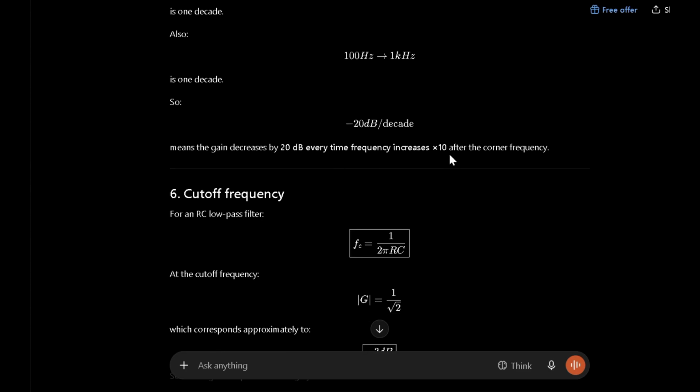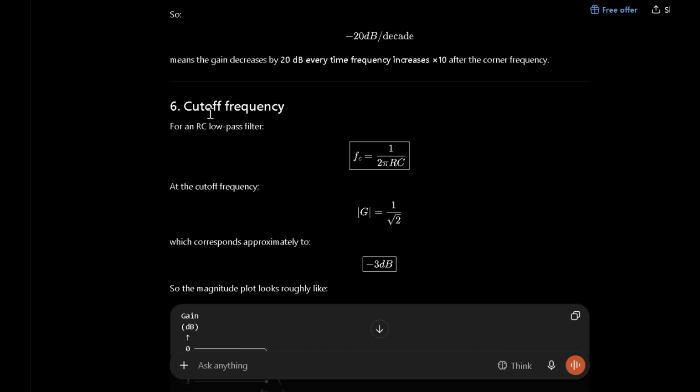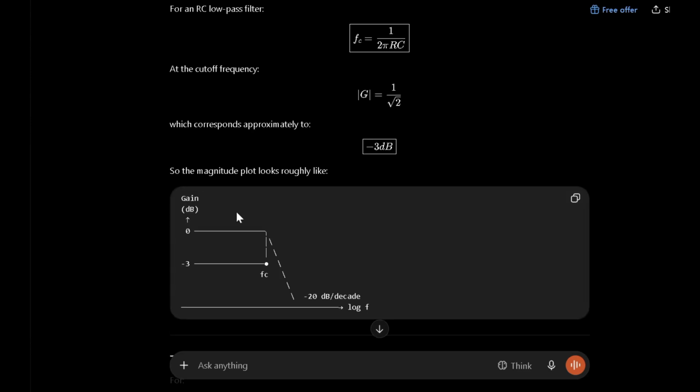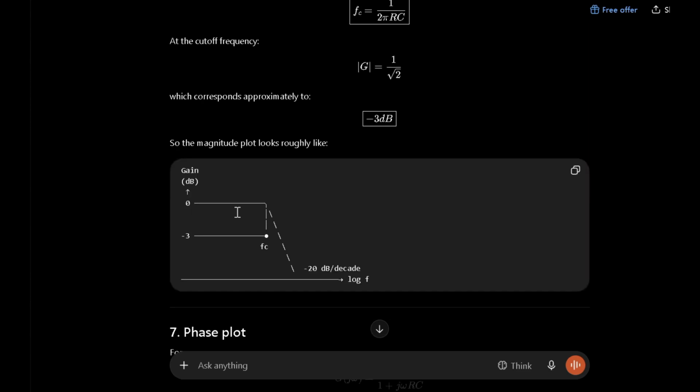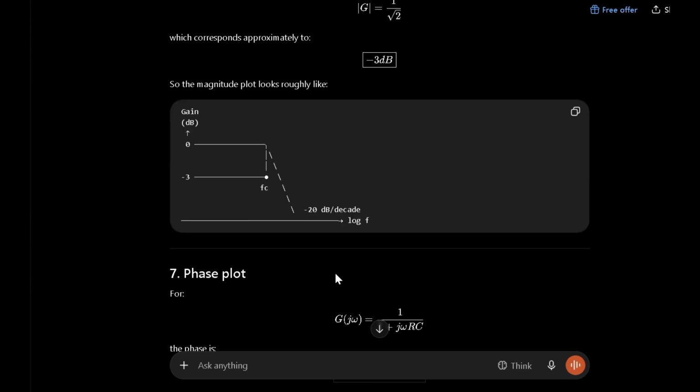Cutoff frequency. For an RC low pass filter, fc equals 1 by 2 pi RC. At the cutoff frequency, the magnitude of gain is 1 by root 2, which corresponds approximately to minus 3 dB. So the magnitude plot looks roughly like gain in dB, minus 3 dB at fc, then minus 20 dB per decade against log frequency.